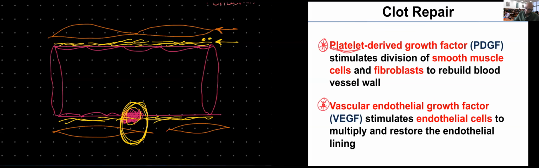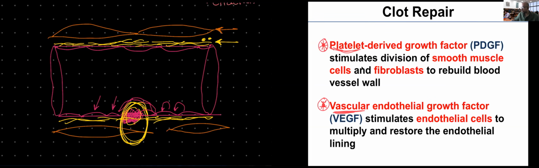Another type of growth factors that I have is the ones that will be released from the endothelium itself. The endothelium is going to be releasing its own growth factors. So the living endothelial cells around the injured site are the ones that will be stimulating themselves to replicate and to cover this injured site.